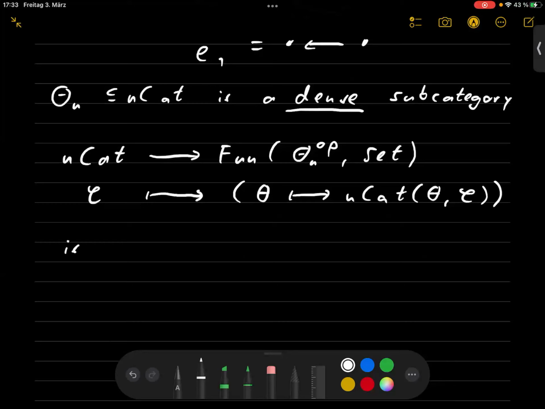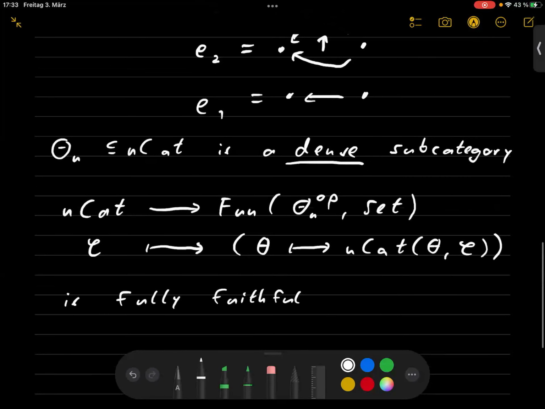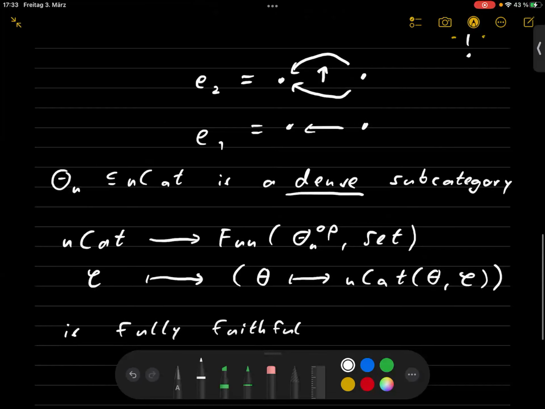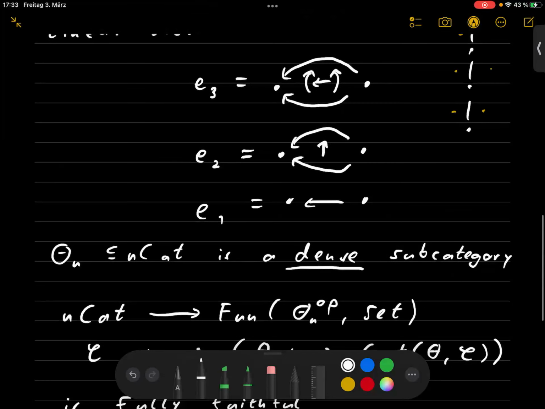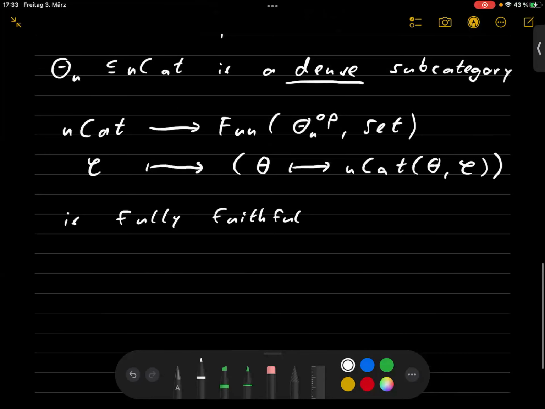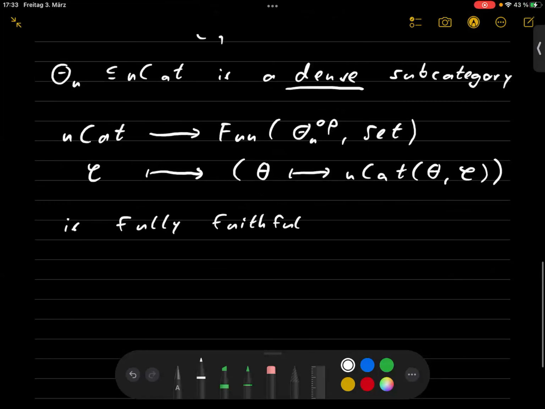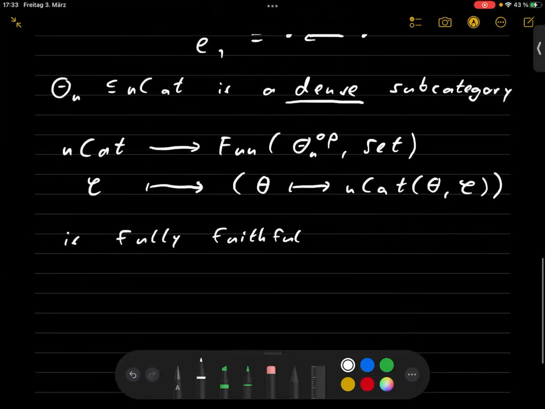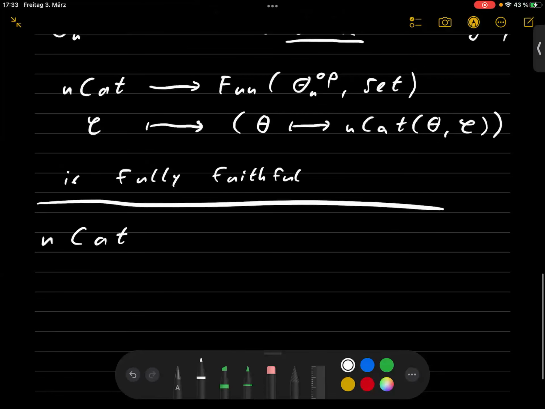Sorry, yes? What is the definition of the n categories you use here? Ah, yes, sorry, I forgot to say this. These are strict n categories. So let me write it. n categories are strict n categories.